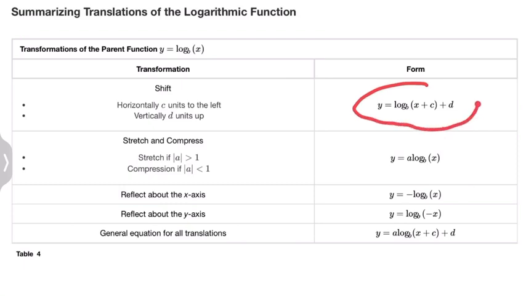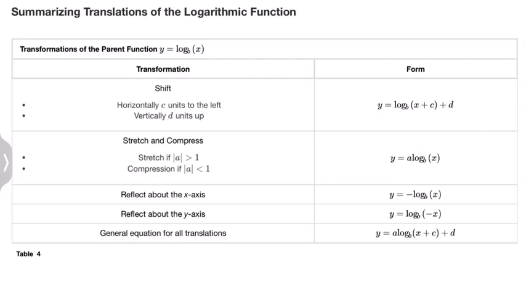So say we have a log function with all these manipulations. Again, if you follow order of operations, PEMDAS, please excuse my dear Aunt Sally, that gives you a sense of the proper order. If we add a positive on the inside, that's going to move it left that many units. If we subtract a positive, it moves it right. We kind of talked about how each of these affects the graph.